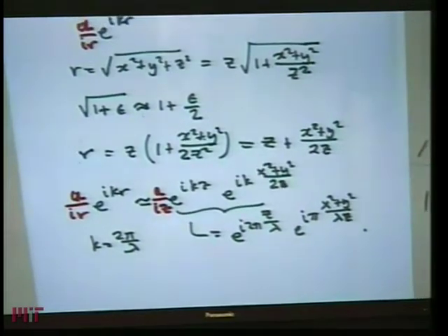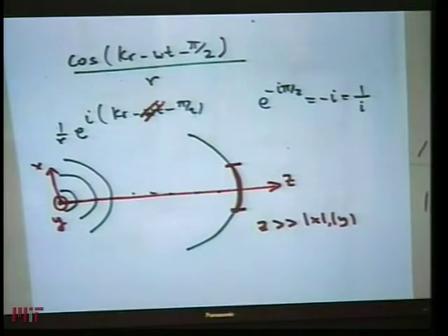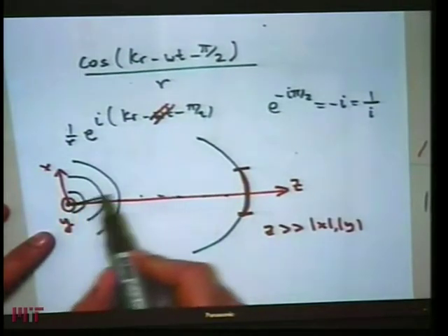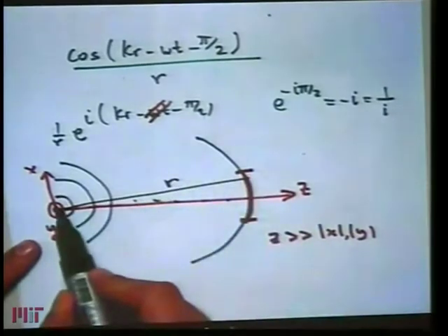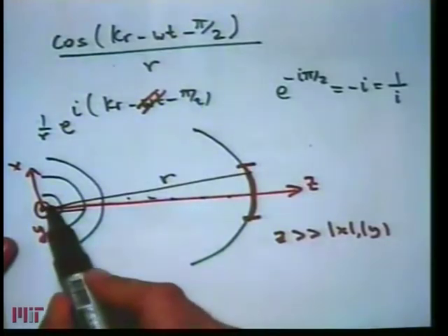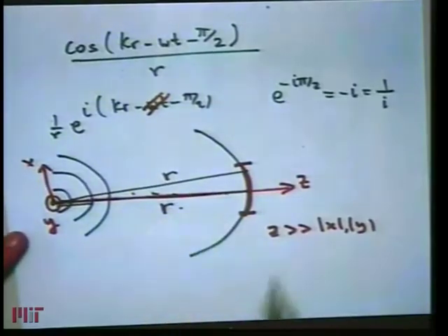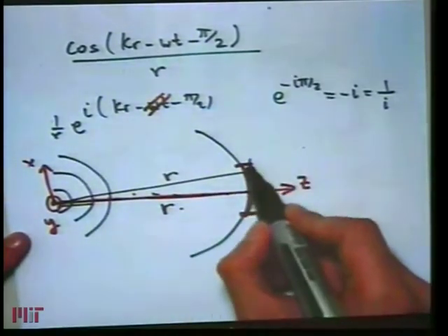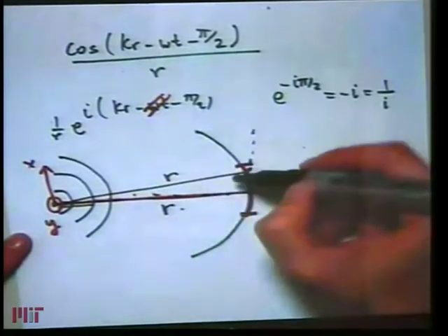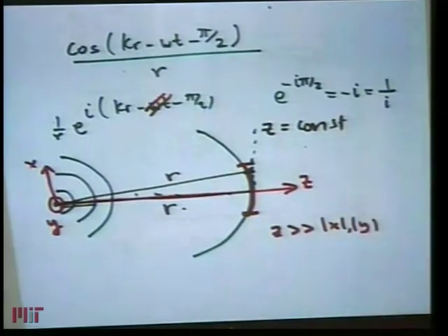And the reason is because R is actually slowly varying. If you compare what is R, let's see if I can use them. Yeah. So R is this, right? So if you compare, basically I have to pick z equals constant, so I have to pick a plane that is tangential to the sphere at this place.